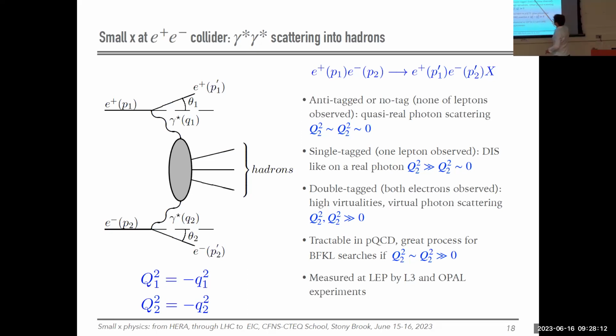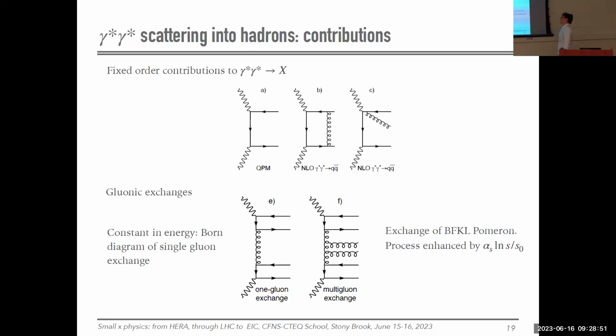Then you can have a single tag when you measure one electron, so Q2 squared should be bigger than Q1 squared, which is approximately zero. And then double tagged, when you tag two electrons, it means that both of these are large. And this is a very nice process because, again, you have two perturbative scales comparable, and then you have this emission. You see this is tractable in BFKL and has actually been measured at LEP.